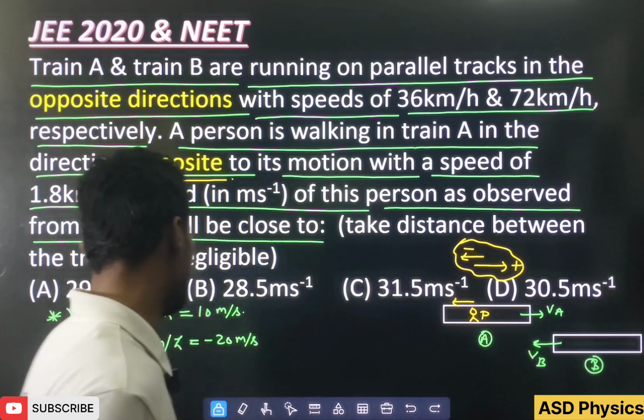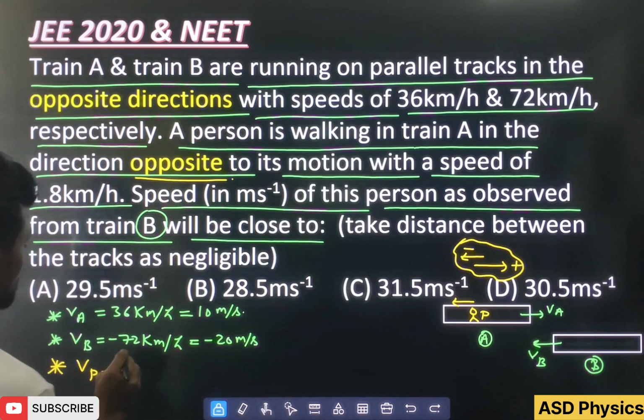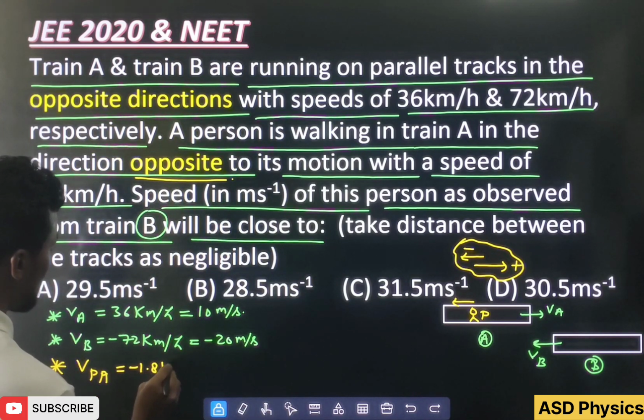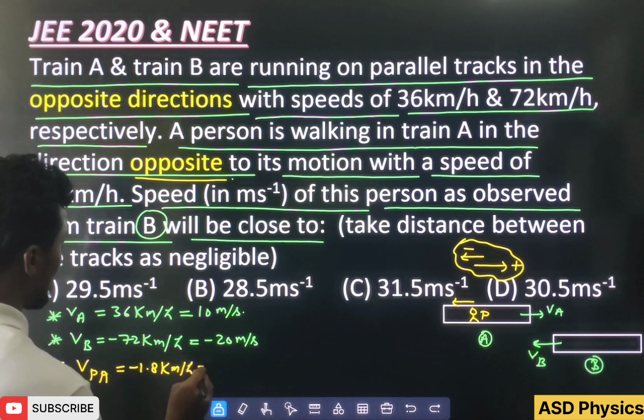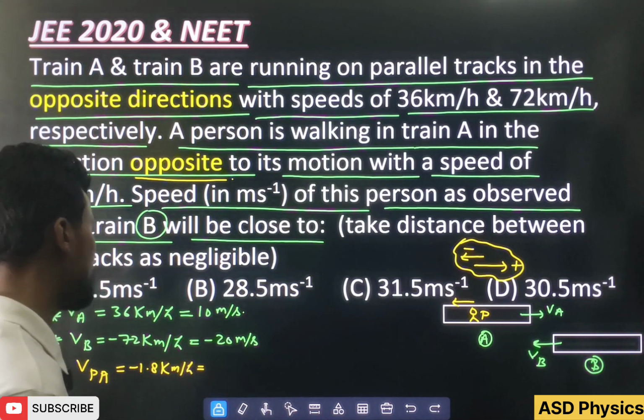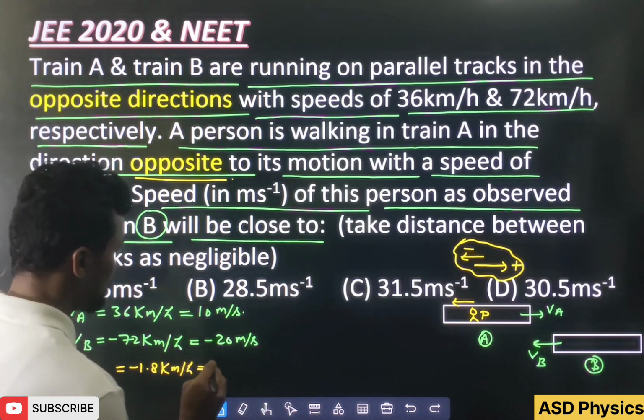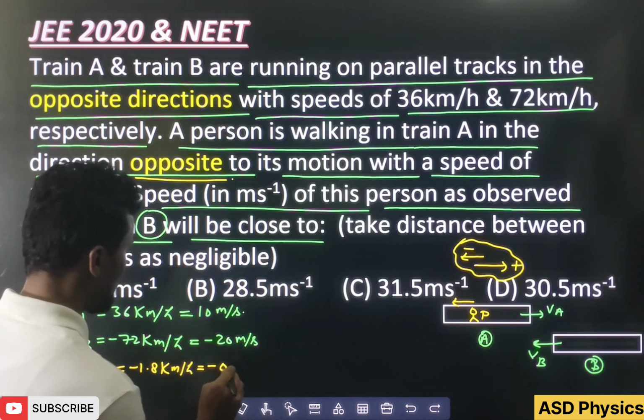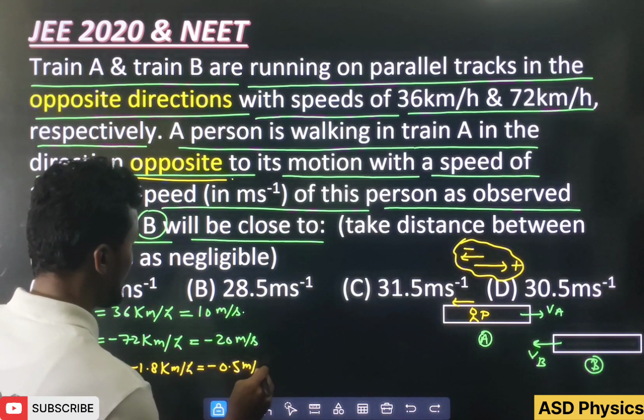So it will come minus 1.8 kilometer per hour. Multiplying with 5 by 18, it will come minus 0.5 meter per second.